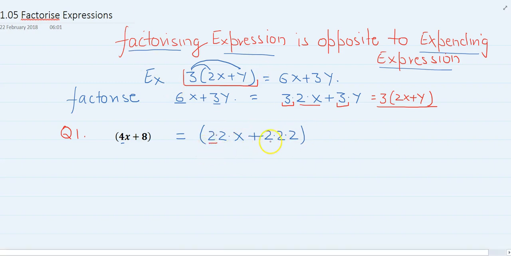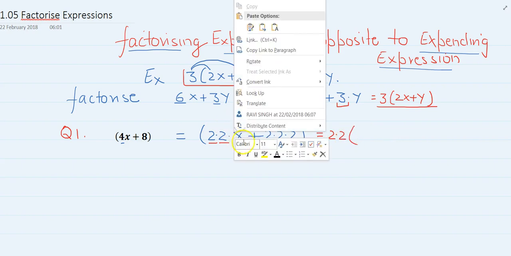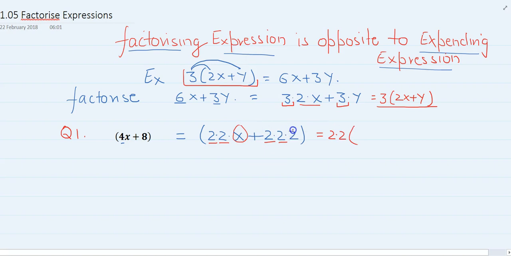We have 2, then we have another 2 here. So this pair we are going to take out of the bracket, that is 2 multiplied by 2, and the remaining is x and 2 with a positive sign. So x + 2. So that will be 4(x + 2).